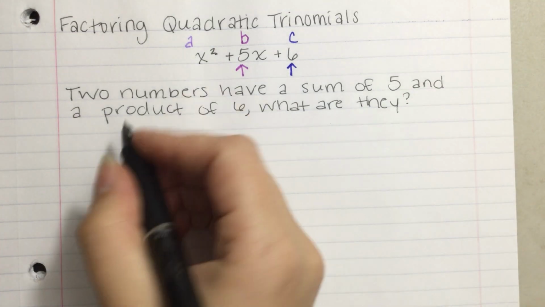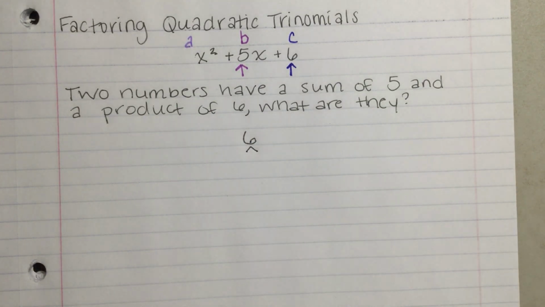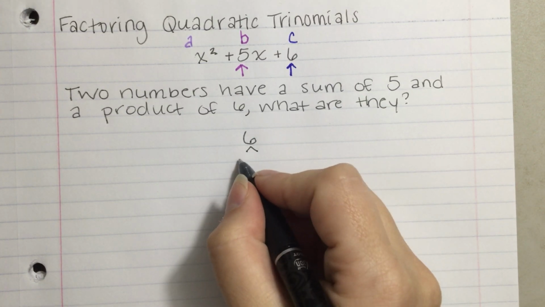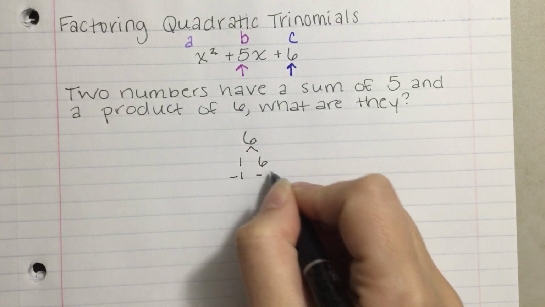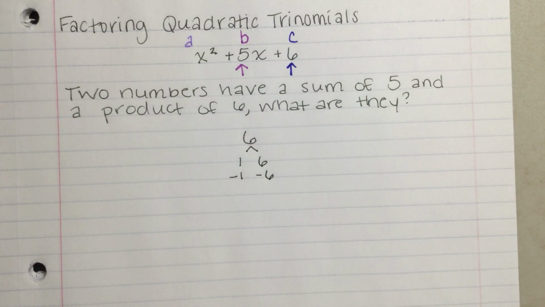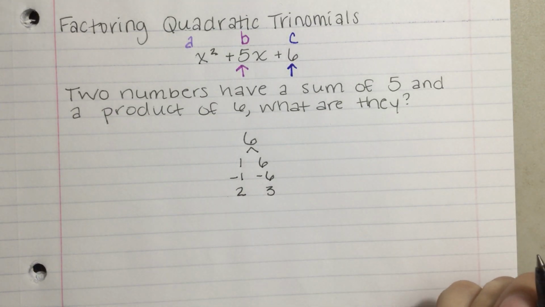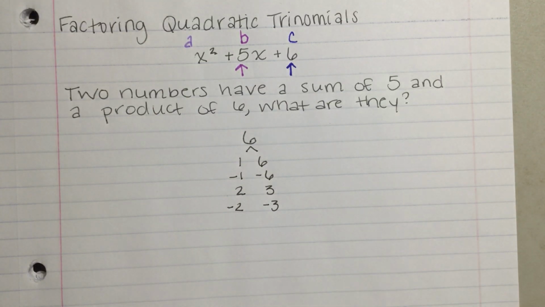The way that I like to do it is I like to pull out my c value, which is 6, and I like to think about all of the factors that I have of 6. So I could multiply 1 and 6 together to get 6. I could also multiply the opposites of that together, so -1, -6, and I'm still going to get 6. I could multiply 2 and 3, and I could multiply -2 and -3.